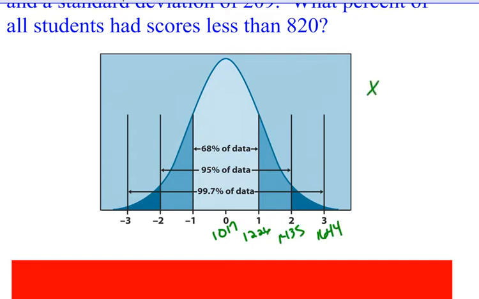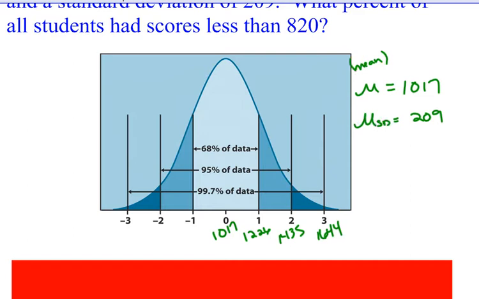Let me just give us our data right here. My sample mean, and then my standard deviation. So here, actually, I have to fix this now because of my AP background. I'm sorry. They said this was the whole population, so I'm going to call this mu, which is what the mean of the population is, and then the standard deviation.